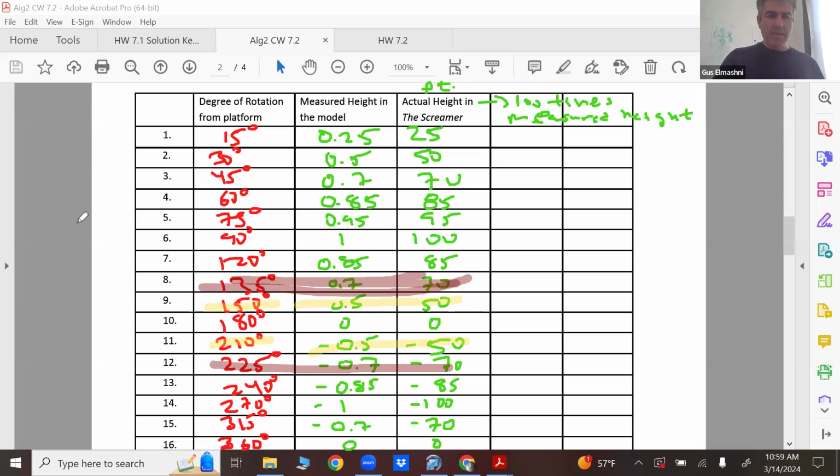Those blend in a bit too much. If you're colorblind, they're lavender and bluish purple. But 90 and 270 are very similar. 120 and 240 are very similar. 135 and 225 are very similar. 150 and 210 are very similar. That's all about symmetry, and it's a big part of understanding how a sine graph looks.